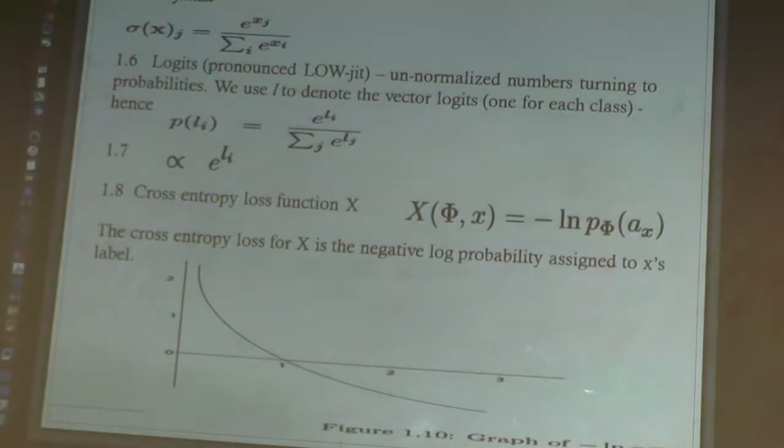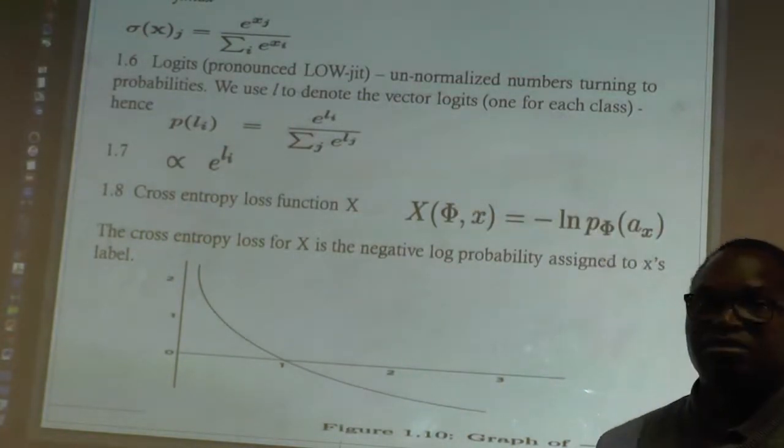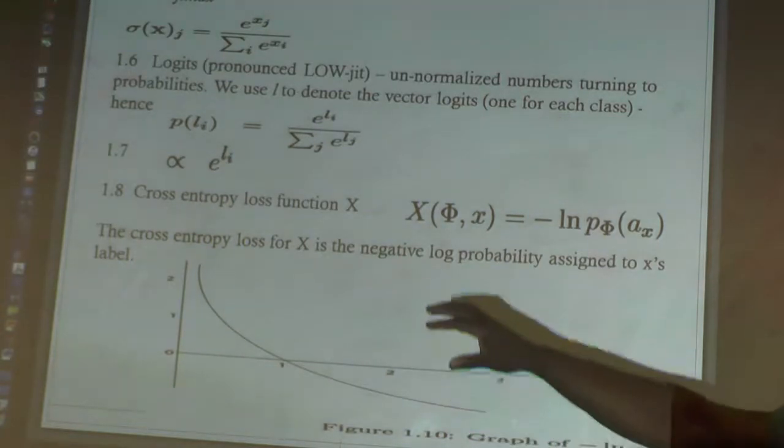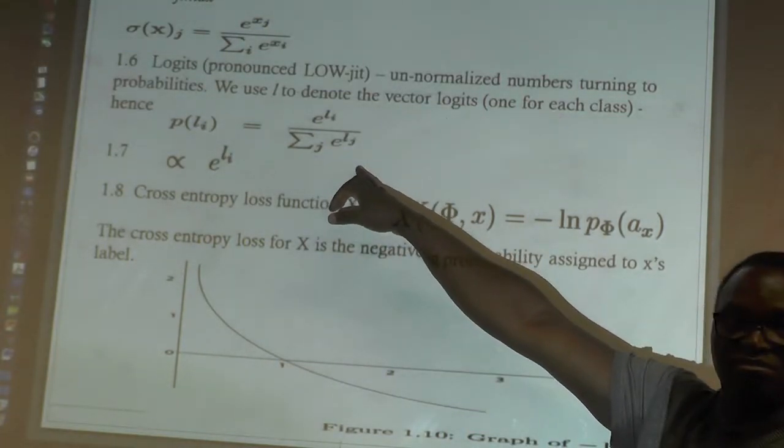So that's softmax. Now, there's a little bit of mathematics here. How do we introduce this? Okay, no problem. You remember the logistic function we talked about? Picture that, plug it into this.